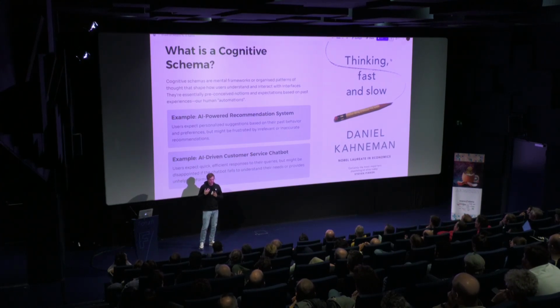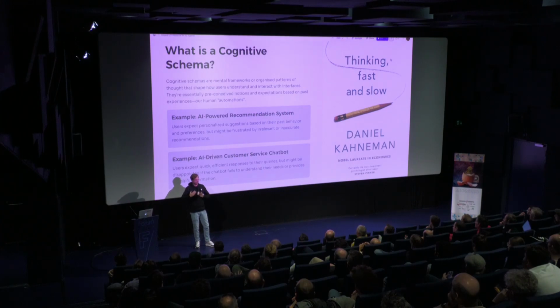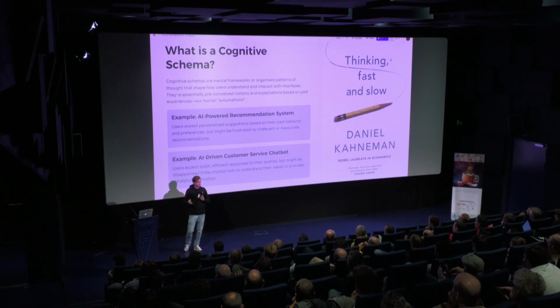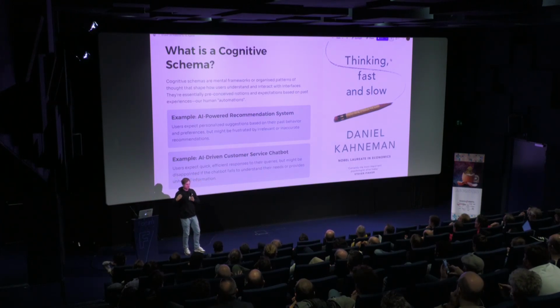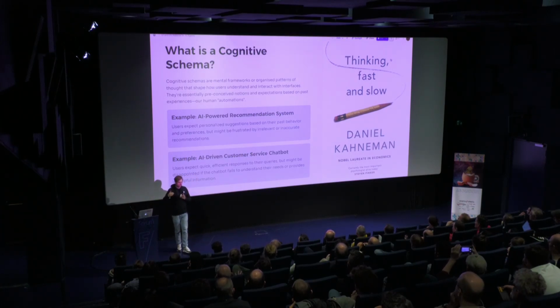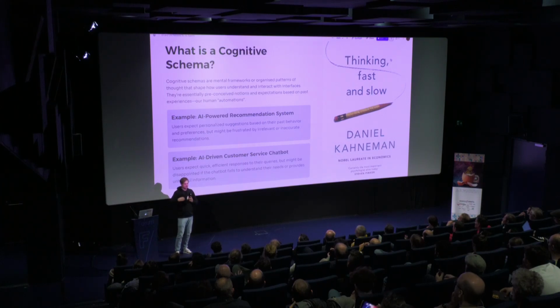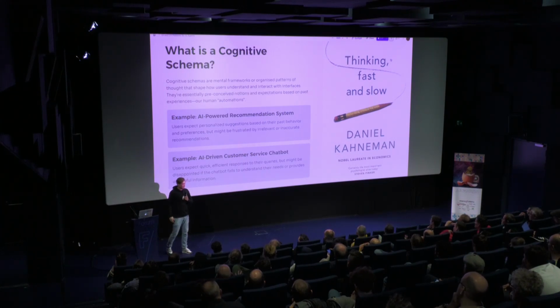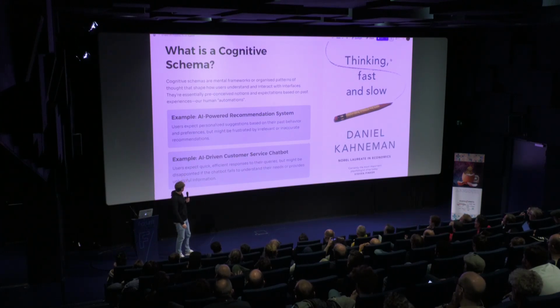Cognitive schemas are the automations with which we humans run our lives. If you've ever read Thinking, Fast and Slow by Daniel Kahneman, they're our defense against cognitive overload, so that we can focus on high-level tasks while we do things the way we're used to doing them, because we learned that that's the way to do them. Whether that's good or bad, it's not a value judgment, it's just how we do things.